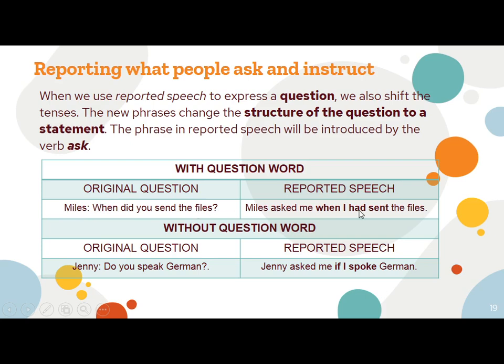And the reported speech will be: Miles asked me when I had sent the files. In the case of no question word, we're going to have: Jenny, do you speak German? And the answer: Jenny asked me if I spoke German. So this is going to be the structure.